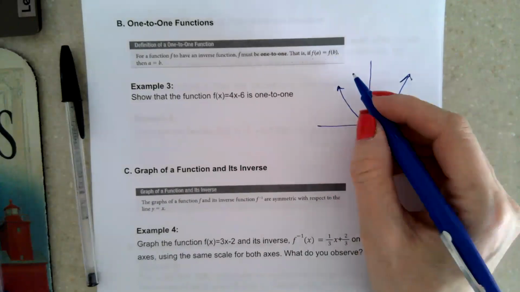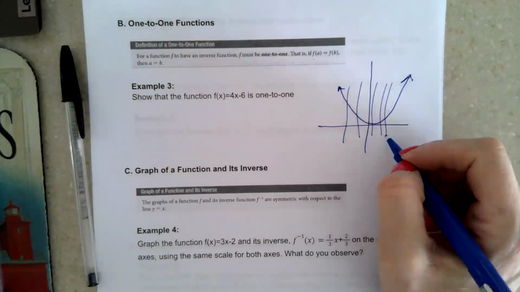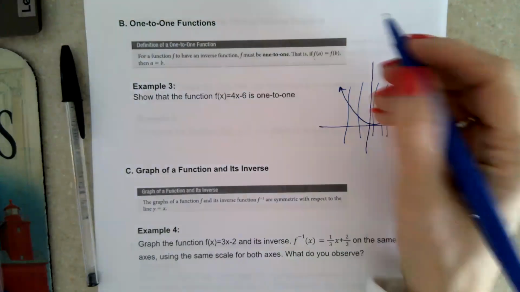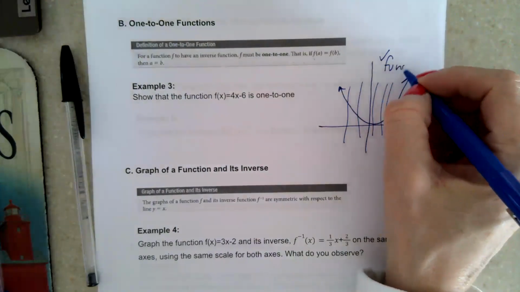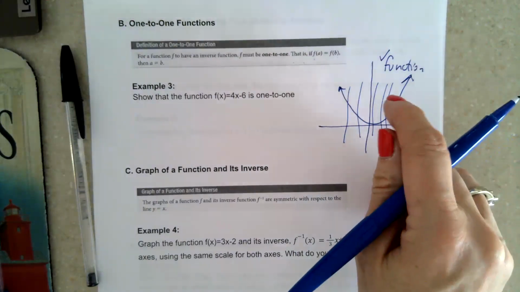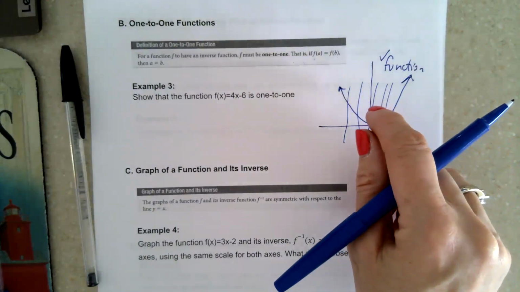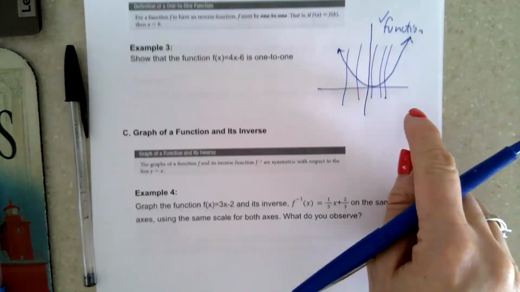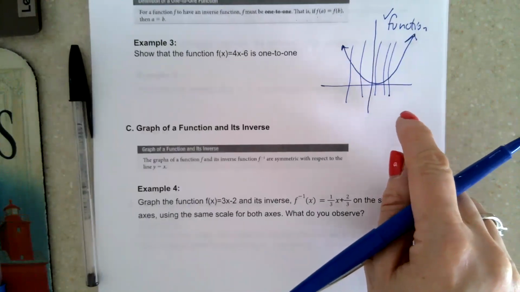Before we were looking at just a vertical line test to prove it was a function. And so this is a function, a quadratic, but for it to have an inverse, it has to be a one-to-one function.